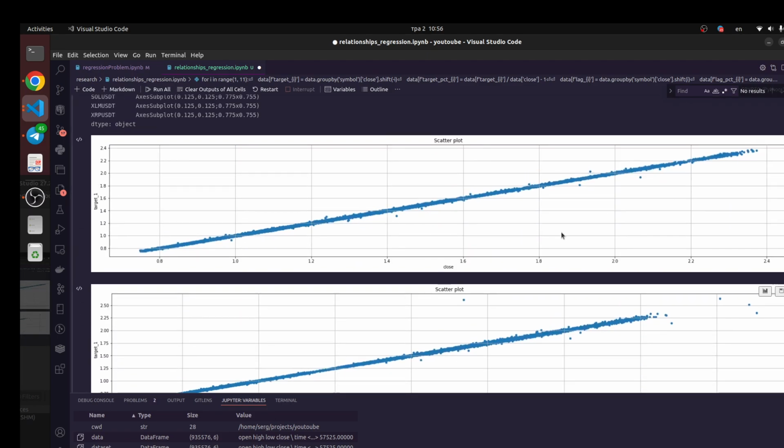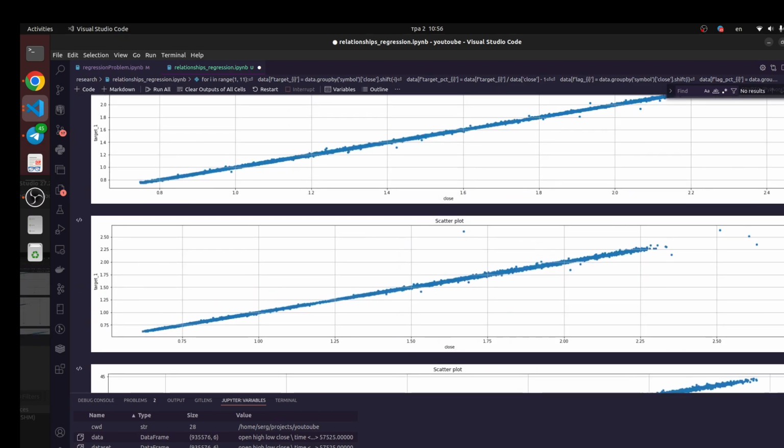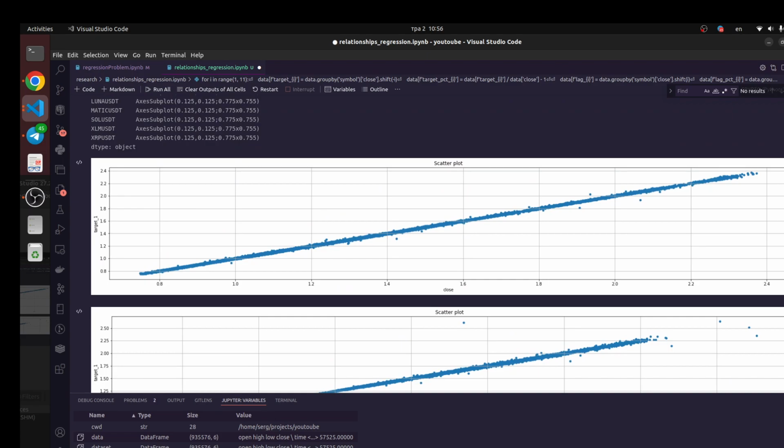If you do it, you see we have linear dependency. It means we should include this data into our dataset.